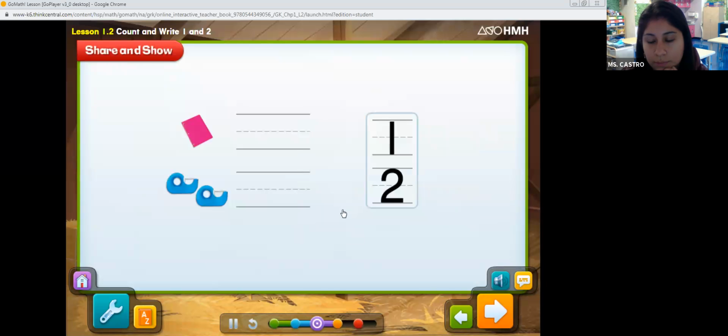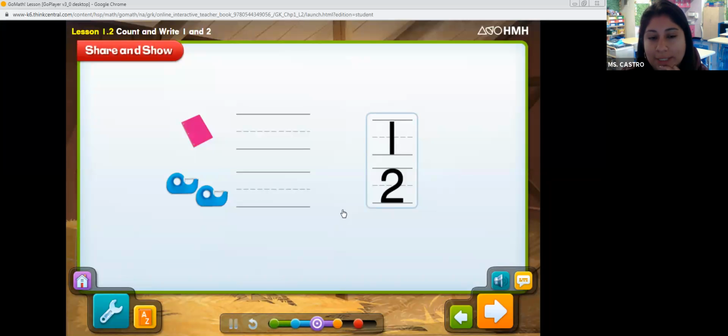Let's practice counting objects and showing numbers some more. How many notebooks are there? 1. Here is 1 notebook. How many rolls of tape are there? 1, 2. There are 2 rolls of tape. Drag the number 1 and the number 2 next to the picture with the same number of objects. There is 1 notebook and 2 rolls of tape.